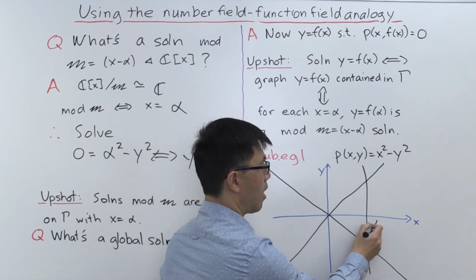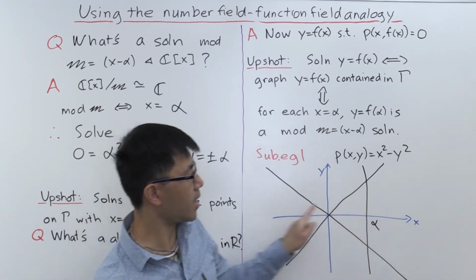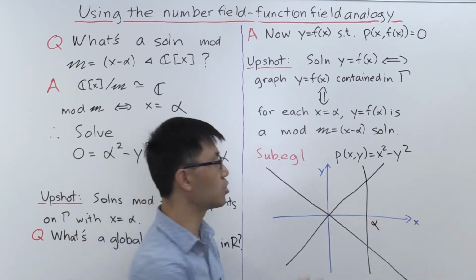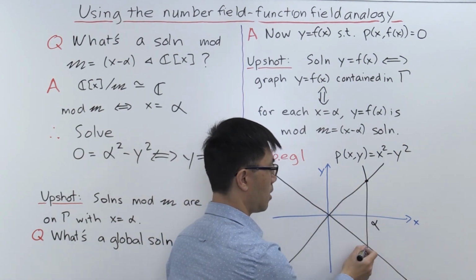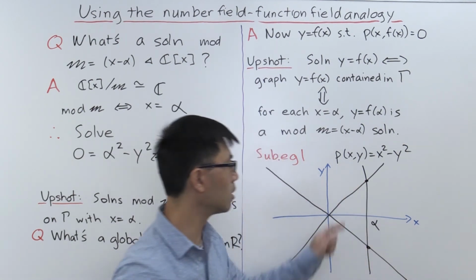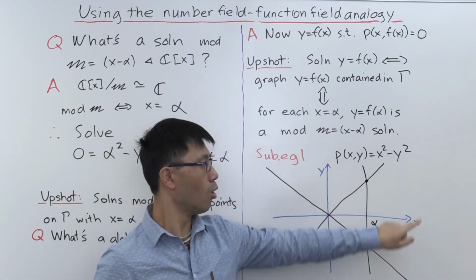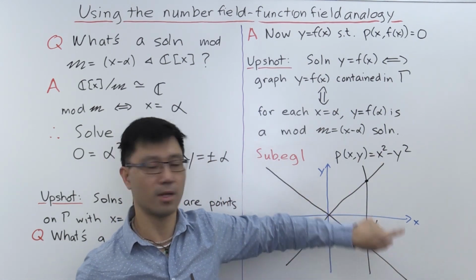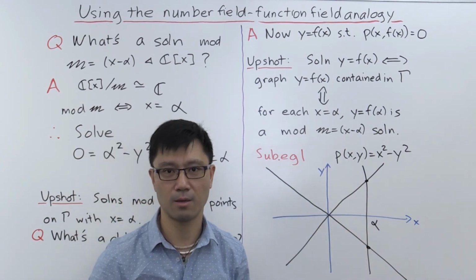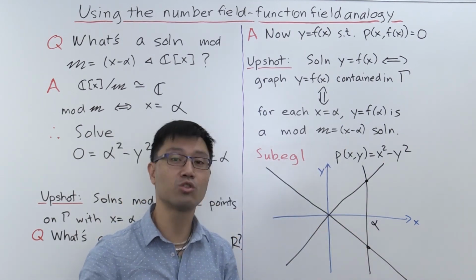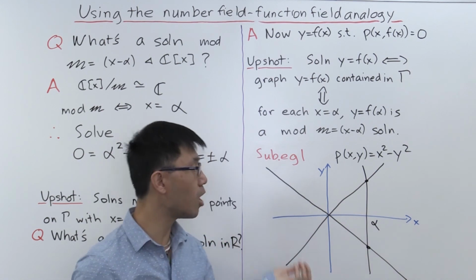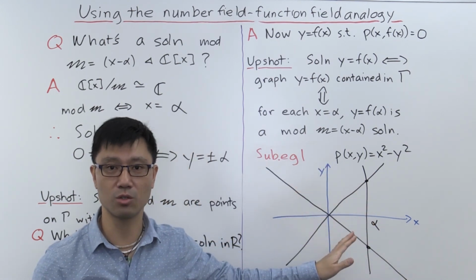So if alpha is here on the x line, we just look at the solutions which are here and here. Okay, so it's just this part of this graph where the x value is equal to alpha, that is on this abscissa here. And that's the way you should try to interpret and understand what a mod M solution is.